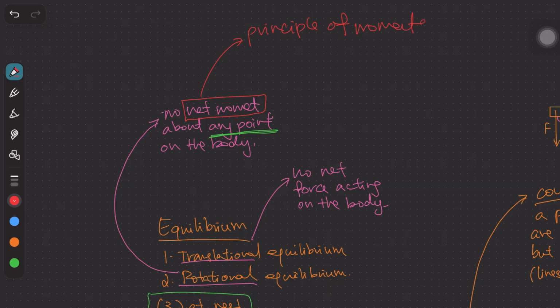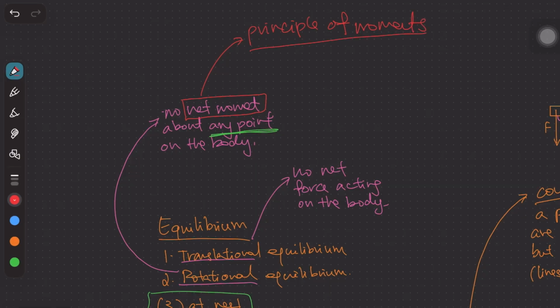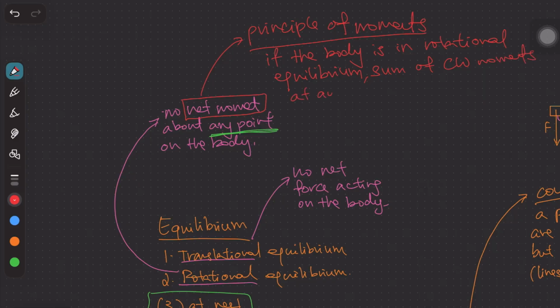This basically states that if the body is in rotational equilibrium, the sum of clockwise moments at any point must be equal to the sum of anti-clockwise moments at the same point.